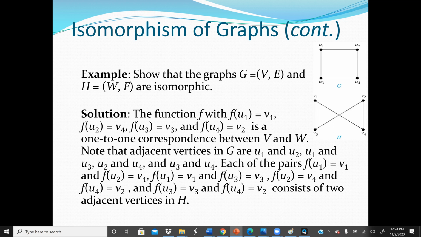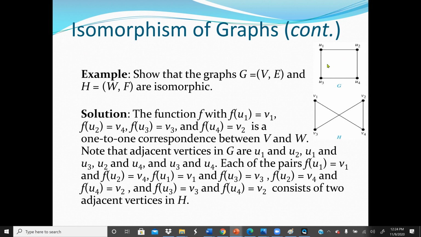If I have 10 elements in function 1, I also have 10 elements in function 2. The same concept here. Since we have two graphs, and a graph consists of vertices, we need to check first that the number of vertices of these two graphs is the same. If not, then they cannot be isomorphic.